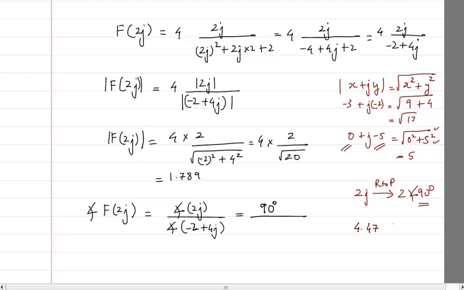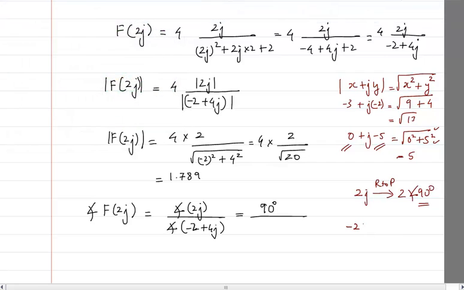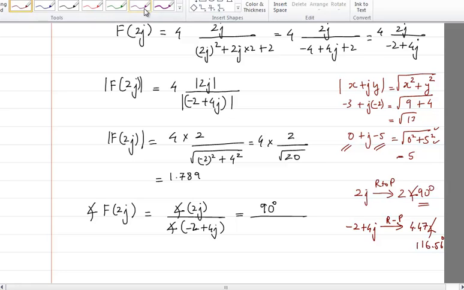I will get 4.47 with an angle of 116.56 degrees. So that angle only I am interested in.